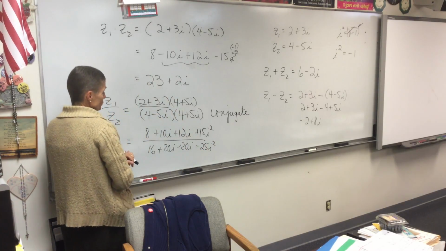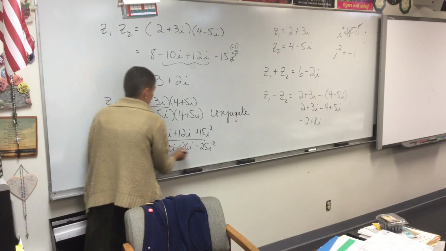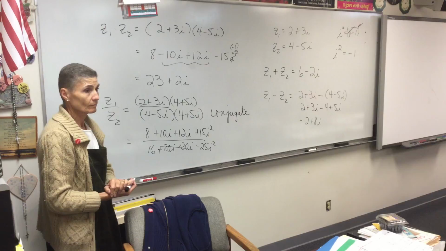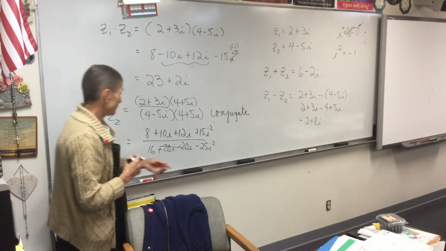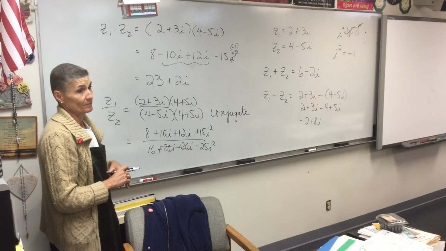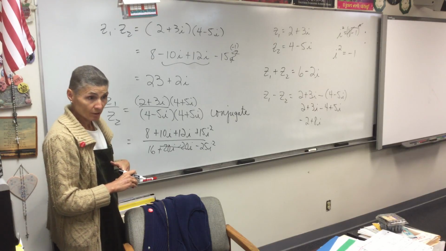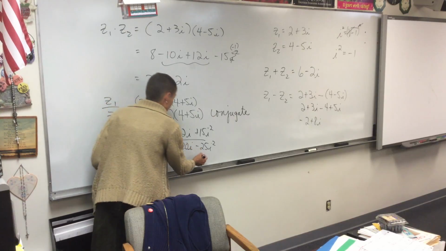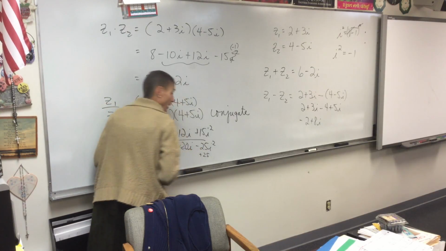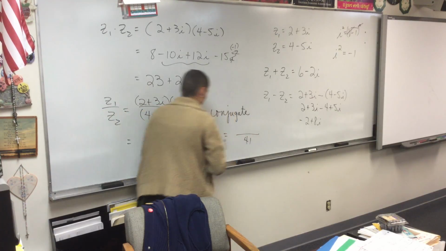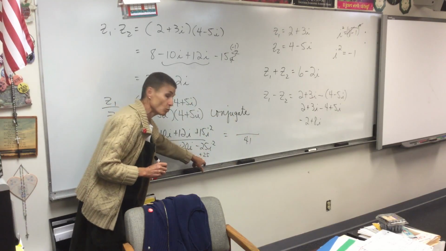Notice in the bottom, just as Brenton predicted, your outsides and insides are going to cancel. Now, we still have an i in the bottom, or do we? No, it's i squared, which is negative 1, so that's really a positive 25. So my denominator is really 41. 16 plus 25.